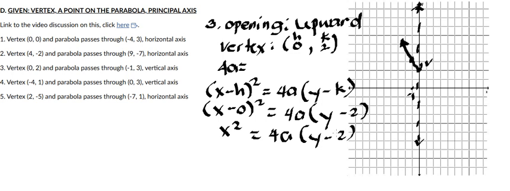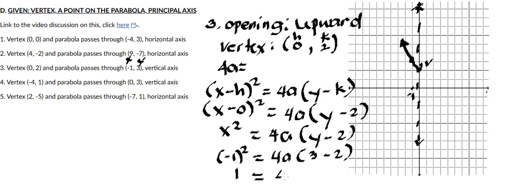And then going back to the point, this is our x, this is our y. Replacing x with negative 1, squaring that 1 equal to 4a times y is 3 minus 2. Simplifying 3 minus 2, that will give up a 1. Negative 1 squared is a 1 equal to 4a times 1. 4a times 1 is still a 4a, so our 4a there is 1.